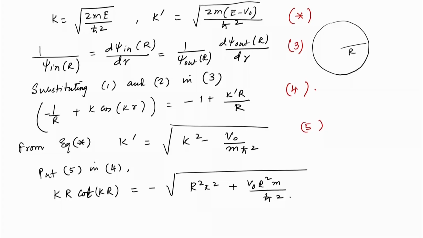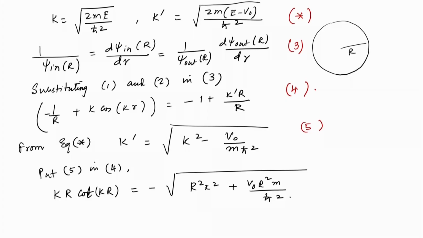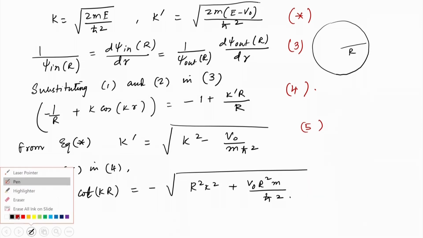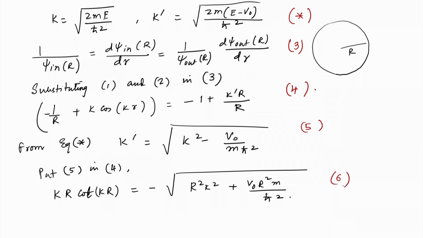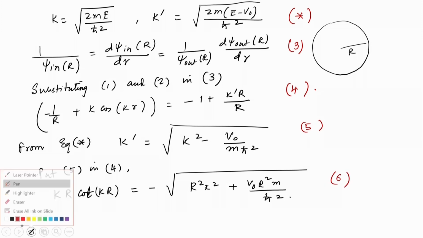So, if we can solve for k, then we will get the energy eigenfunctions, and somehow that is slightly difficult to do, because you see this equation, let us call it equation number 6, contains k on both sides.